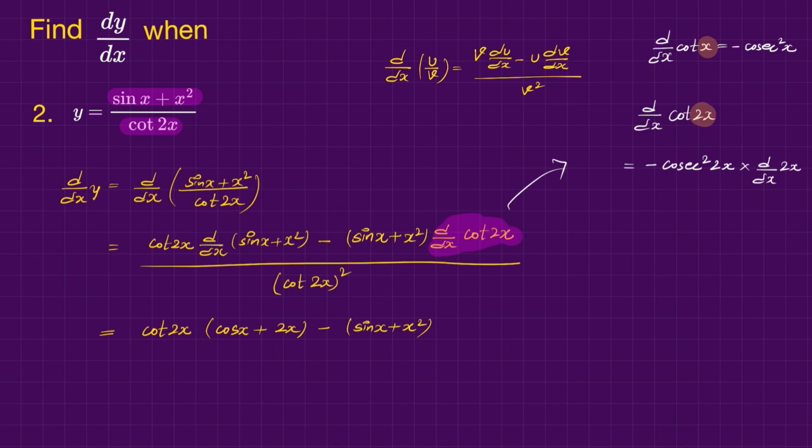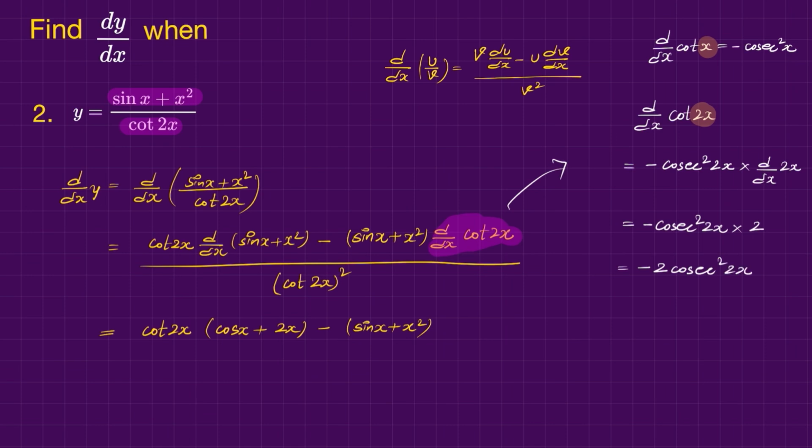So this is how the chain rule works. It will be equal to minus cosec² 2x times d/dx of 2x, which is simply 2. So the answer for that is minus 2 cosec² 2x.